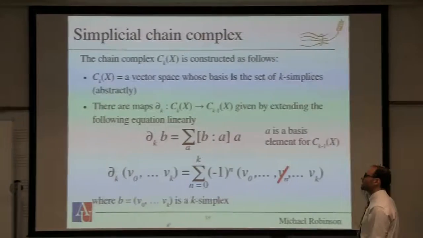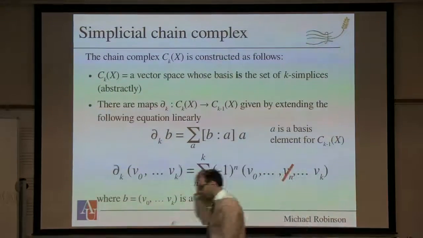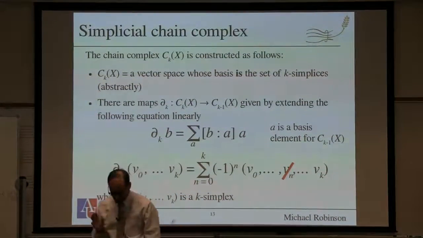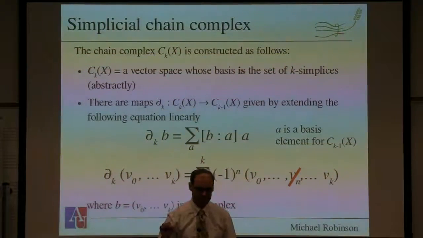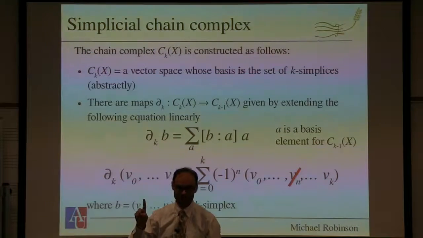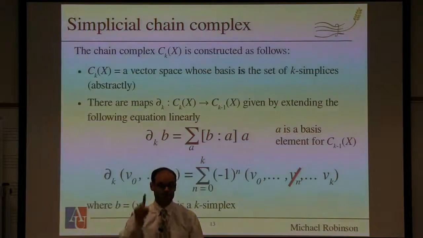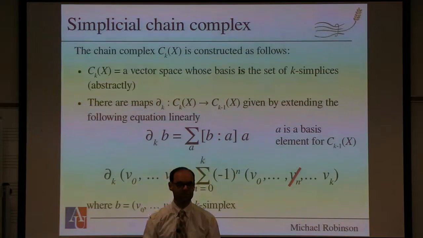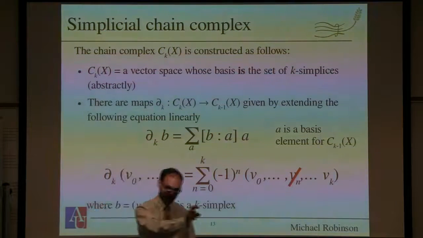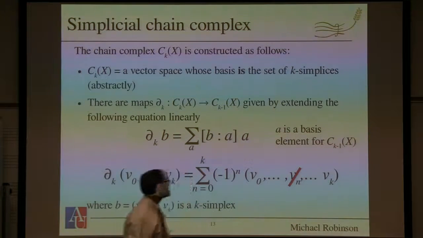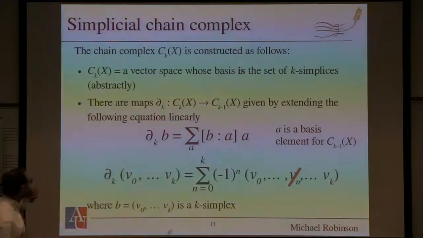So all right, now I can build your chain complex. So remember I said the first thing that we should do in our chain complex is the dimension of each of the vector spaces in the chain complex should be what? It should be the number of different simplices. So if I have the kth vector space, that should be the number of k simplices. So that's exactly what I've got here. I've got a space Ck.